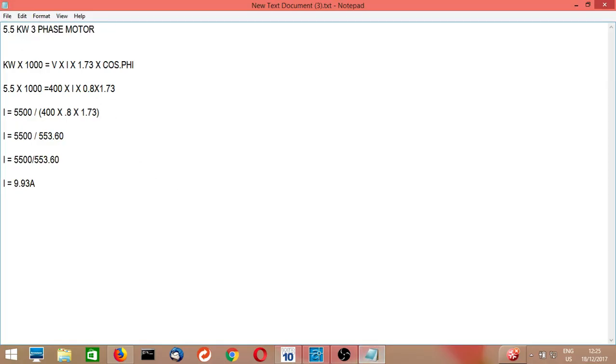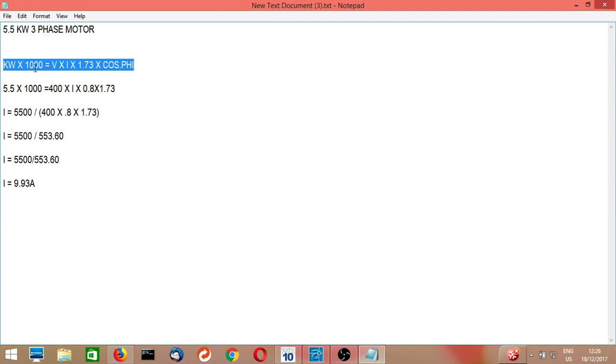This is the equation. In the first line, we write 5.5 kilowatt three-phase motor. In this 5.5 kilowatt three-phase motor, how can we find out the full load current? Here is one equation: kilowatt into 1000.